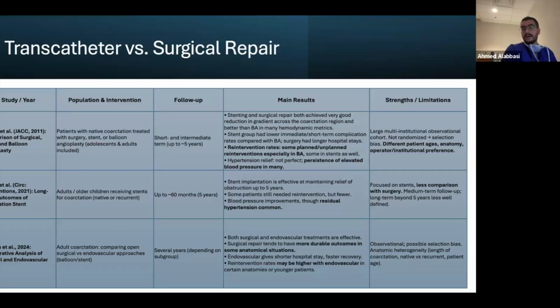Surgical repair tends to have more durable outcomes, and of course, in some anatomical situations, it would be better if there's associated tortuosity or hypoplasia. The endovascular gives you obviously a shorter hospital stay and a faster recovery, and there is a higher chance of reintervention in patients with endovascular or stent procedures, especially if they were younger or they had certain anatomies.